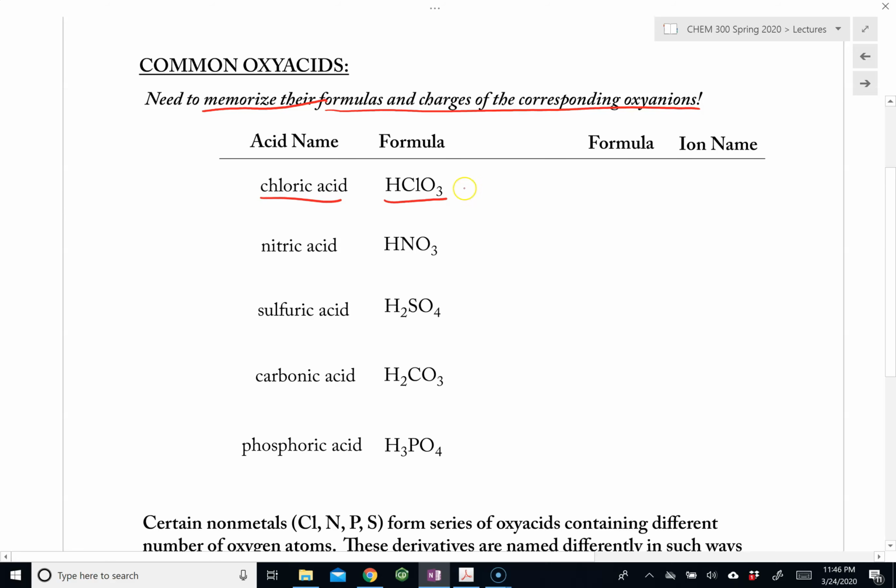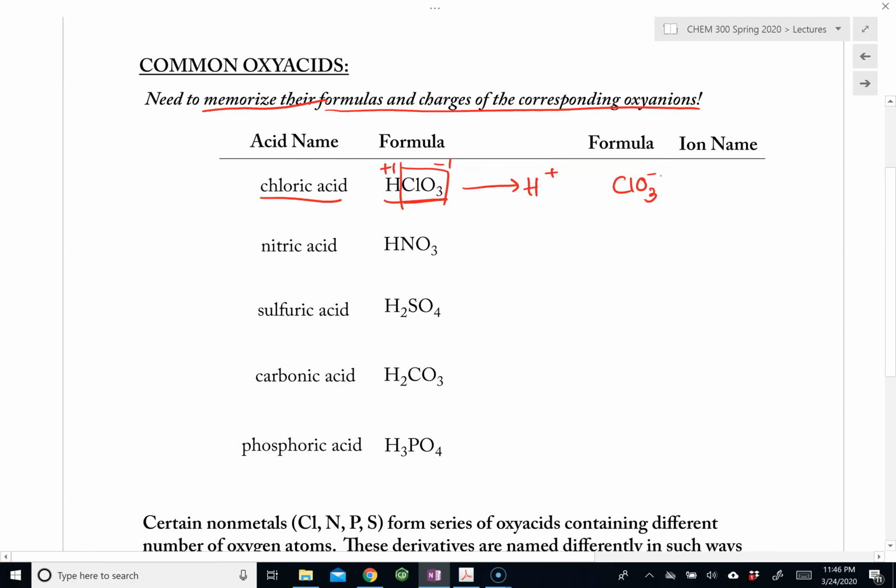And because this is an acid, when we take this and dissolve this in water, it will break apart to produce the hydrogen ion. And the rest of this then becomes -1 because the hydrogen is +1. So in this case, once HClO3 has broken apart to produce the hydrogen ion, the remaining part of it would then be ClO3 and would have a charge of -1.